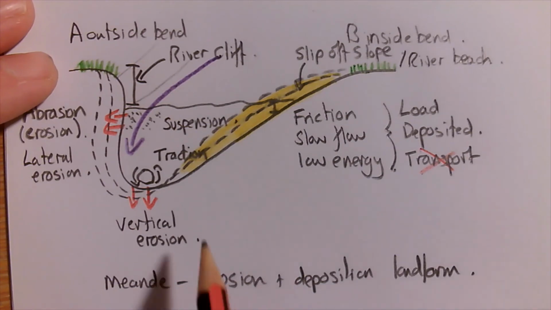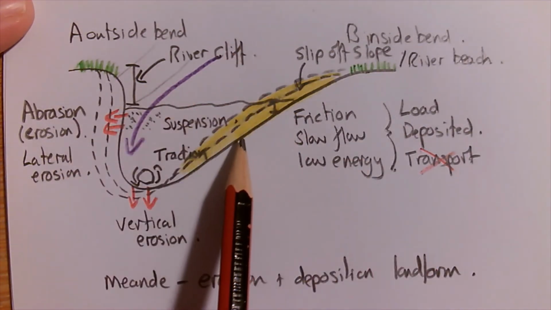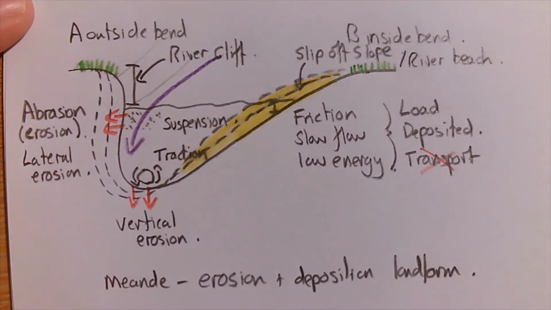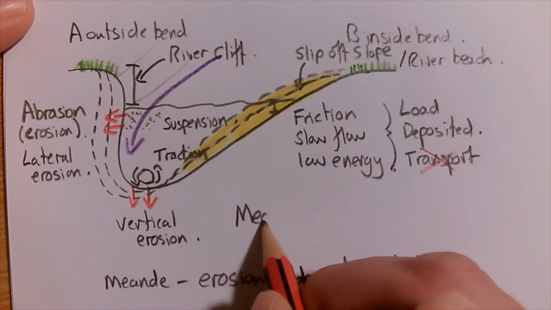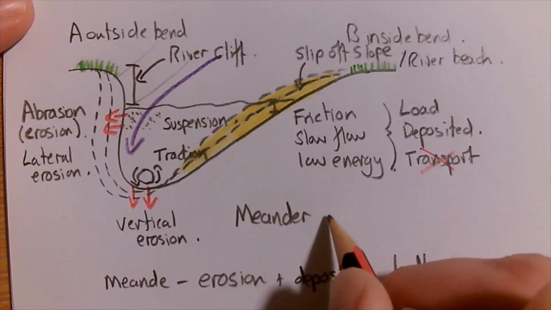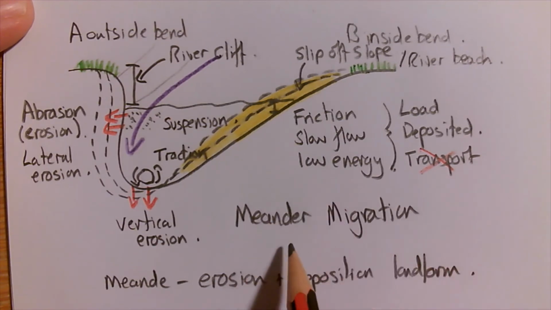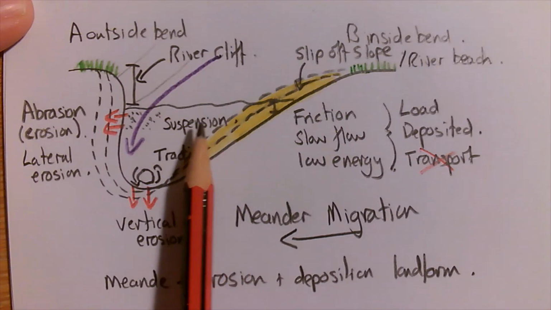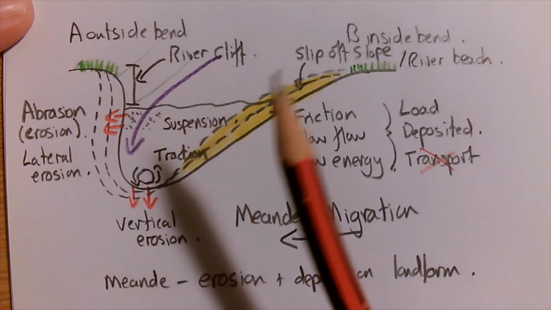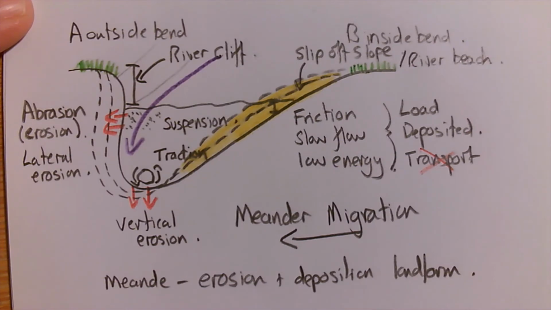So over time, we can talk about the whole meander moving sideways, or more technically, we can call this meander migration. It will maintain its rough same shape, but its position on the floodplain will change as it migrates across the floodplain.